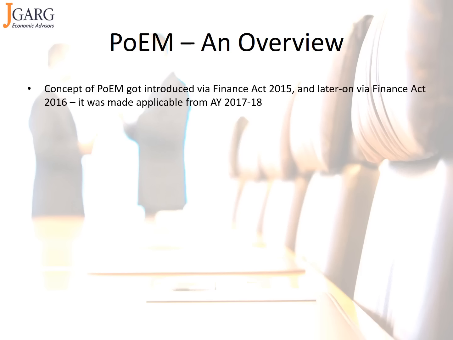The department came out with the draft guidelines in December 15, and now they have released the final guidelines on determination of place of effective management. The exact name of the guidelines is Guiding Principles for Determination of Place of Effective Management of a Company. It is circular number 6 of 2017, dated 24th January 2017, issued by the Central Board of Direct Taxes.